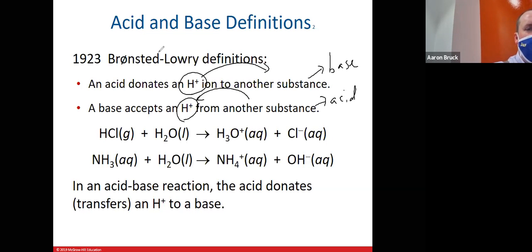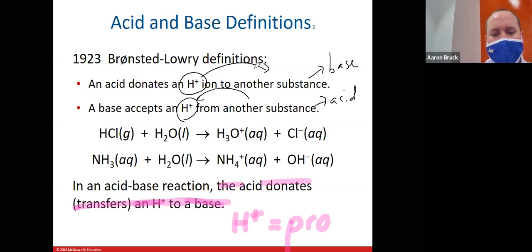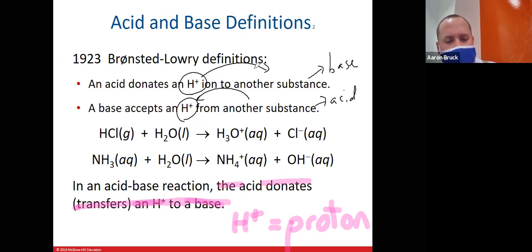And so this definition of acid-base reaction deals with transfers of protons. So H plus, you will often hear referred to as a proton under these definitions.